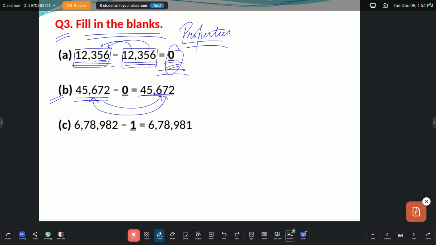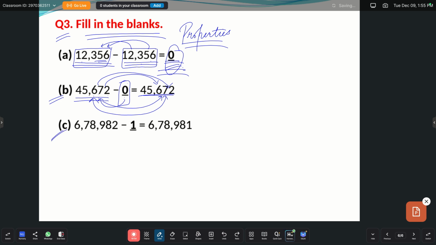How is this possible, that you are having a number and you subtract something from it and get the same number? It means that you haven't taken away anything from it. It means that here it must be 0, because you have read that whenever we subtract 0 from a number, the answer is the number itself.